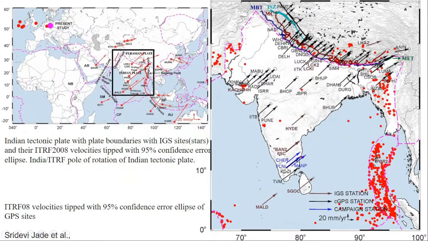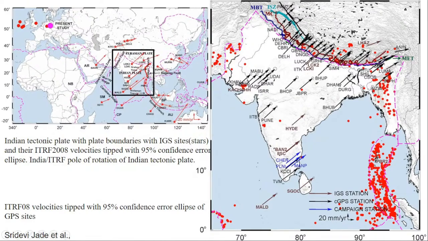But when you go toward the north, it is decreasing, and on average we can say the movement of the Indian plate is 50 millimeter per year, meaning 5 centimeter per year. This is the movement of the Indian plate.